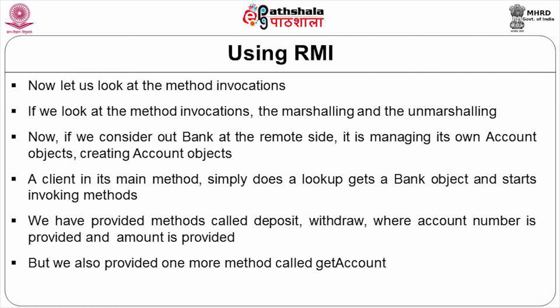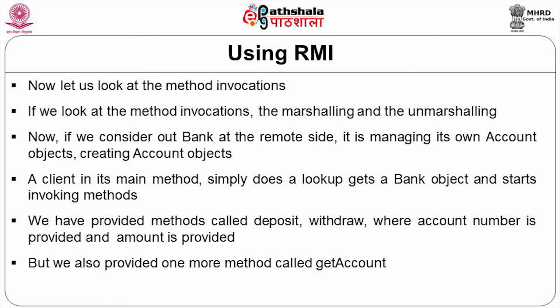And what does the client do? In the main method of a client, he simply does a lookup, gets a bank object, and starts invoking methods. Maybe we have provided a method called deposit and a method called withdraw, where the account number and the amount are provided. But we also provided one more method called getAccount.